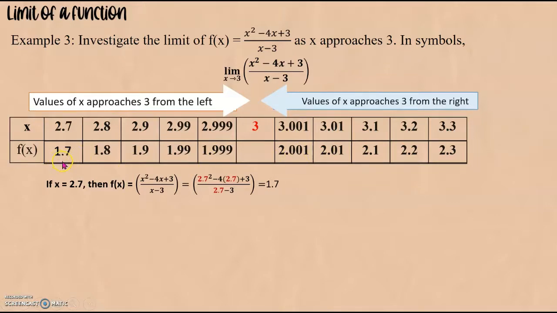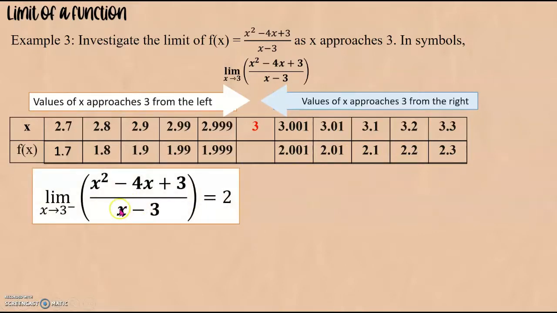Now we can see that as x approaches 3 from the left, the values of f of x also approach 2. On the right side, we can also see that as x approaches 3 from the right, f of x is also approaching 2.